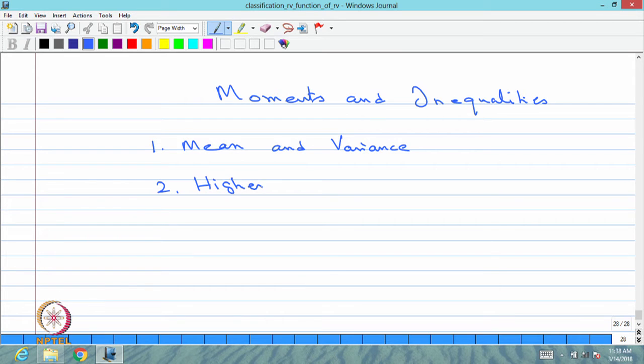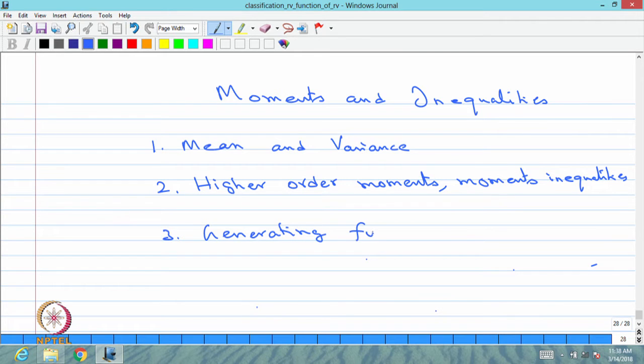Then we discuss the higher order moments, and also we discuss the moment inequalities, and in the third we discuss generating functions. So, in this module we are going to have 3 lectures: first on mean and variance, second on higher order moments and moment inequalities, third on generating functions.